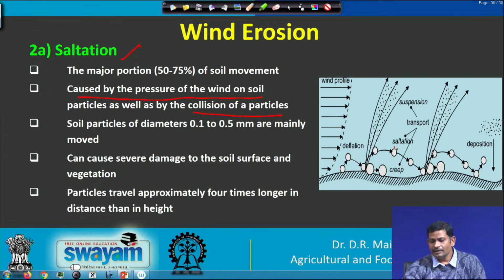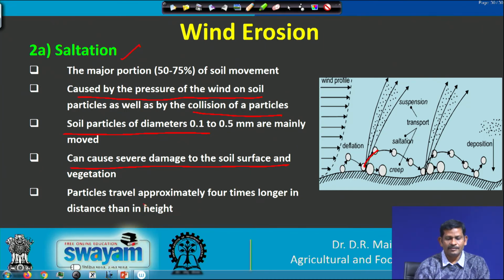So, not only the pressure of the wind, but also there is a collision which will bounce the particles up. Soil particles of diameter 100 to 500 microns are mainly moved in this process, and they can cause severe damage to the soil surface and vegetation.